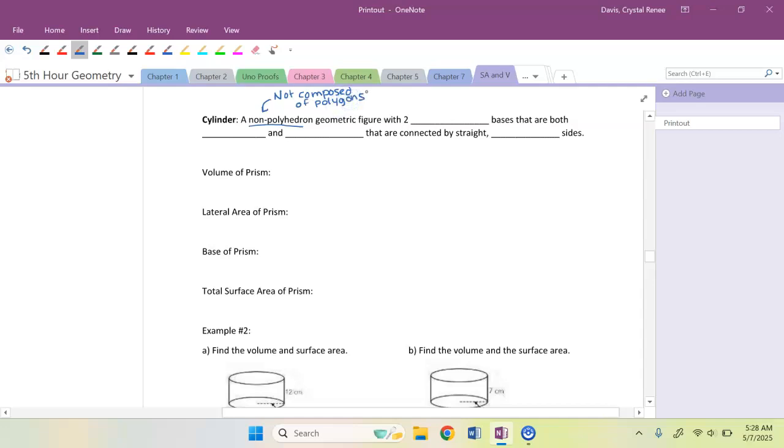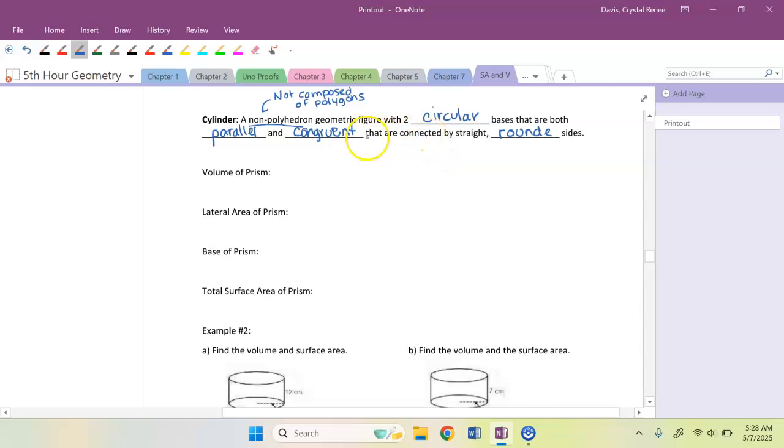It has two circular bases that are both parallel and congruent, connected by, I would say, rounded sides. Think of a can in your pantry. That would be a cylinder.